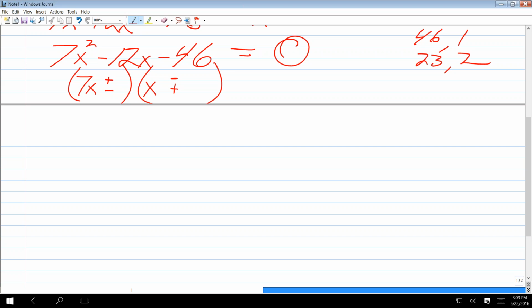So 23 and 2. And then you just kind of start from random. I'm going to start from 23 there and 2 there. And the one thing I'm pretty sure of is that I'm not going to be multiplying the 23 by the 7, because that would produce 141x, and we don't see any numbers like that in the middle. So I almost have to have the 23 multiplier on my left. Okay, now what does that give us in the middle?